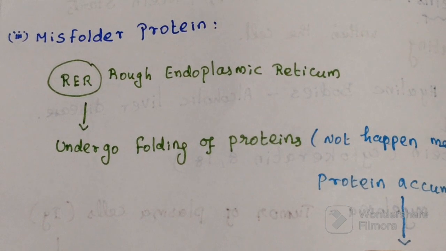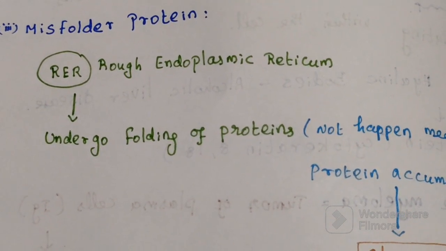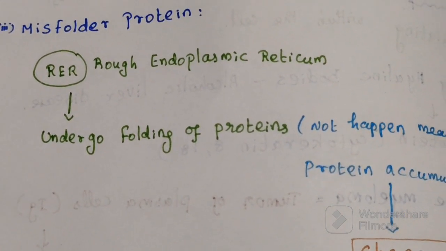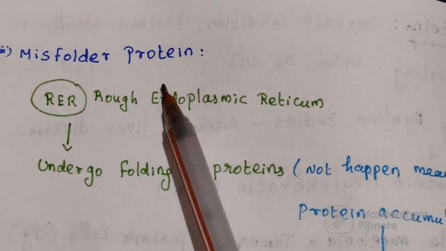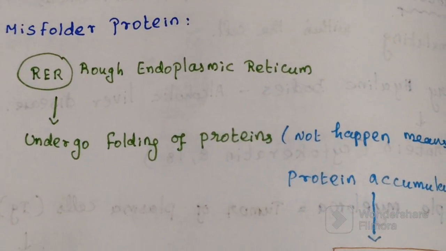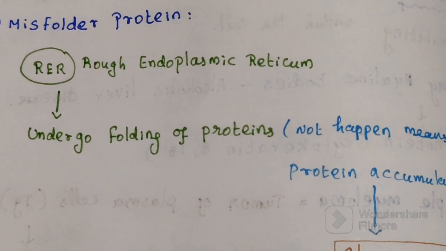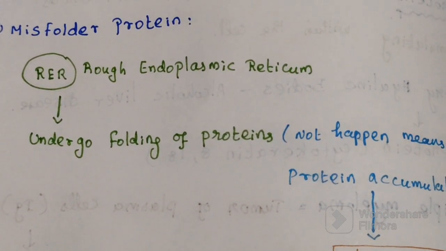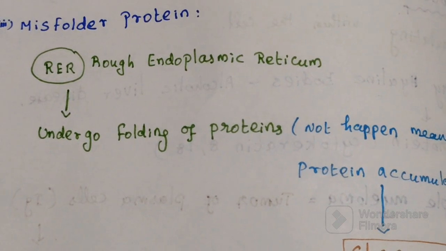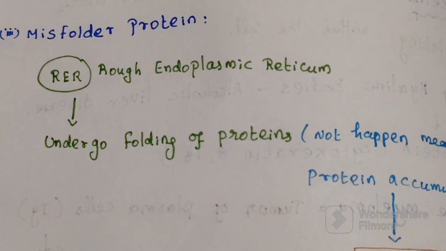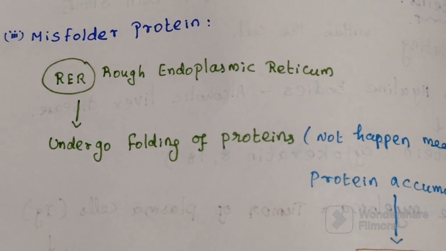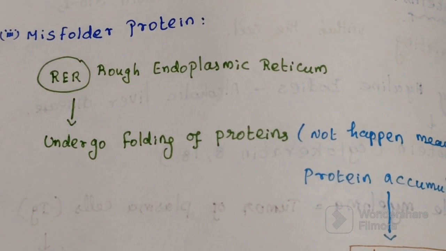Third protein is known as misfolded protein. We know proteins are formed in the rough endoplasmic reticulum. After formation in the rough endoplasmic reticulum, they undergo folding.